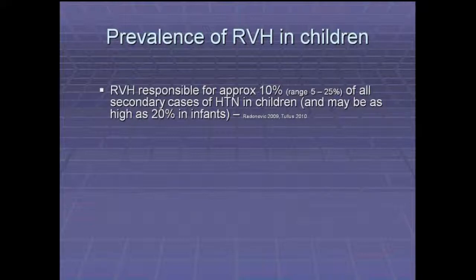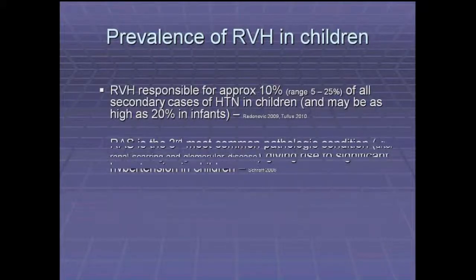Again, young children typically aren't obese, whereas older teenagers can be morbidly obese, and although we don't accept that as a specific cause for the hypertension, there is an increasing correlation.